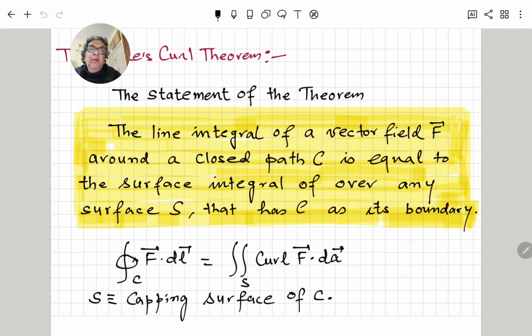This theorem historically was proposed initially by Lord Kelvin in 1850, and in the existing form, the way we see it today, was proposed by Stokes in 1854. It is also a very interesting anecdote how this theorem first came to light in general public.